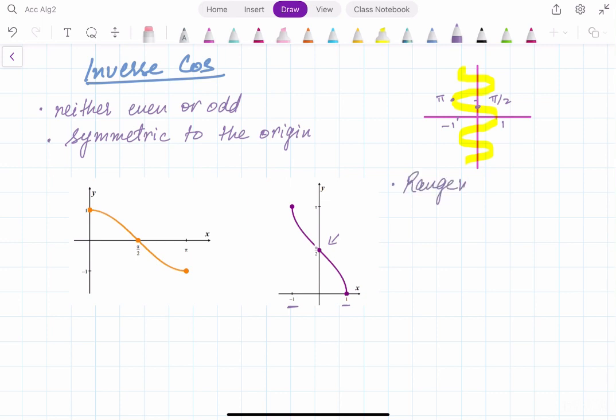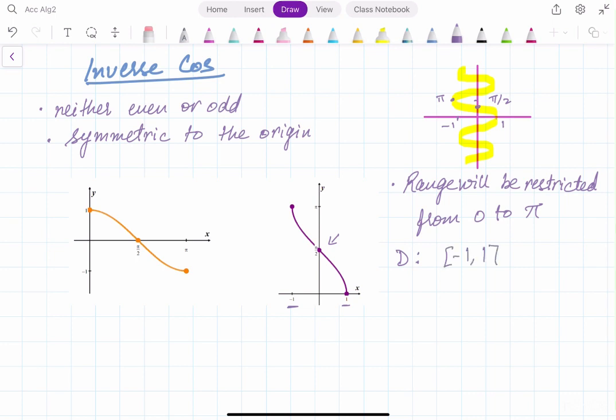So let's define the range. Range will be restricted from 0 to pi. So that is what the range restriction will be.